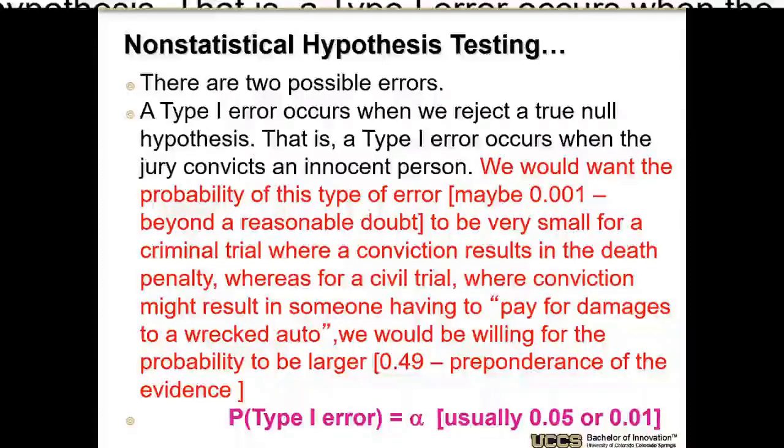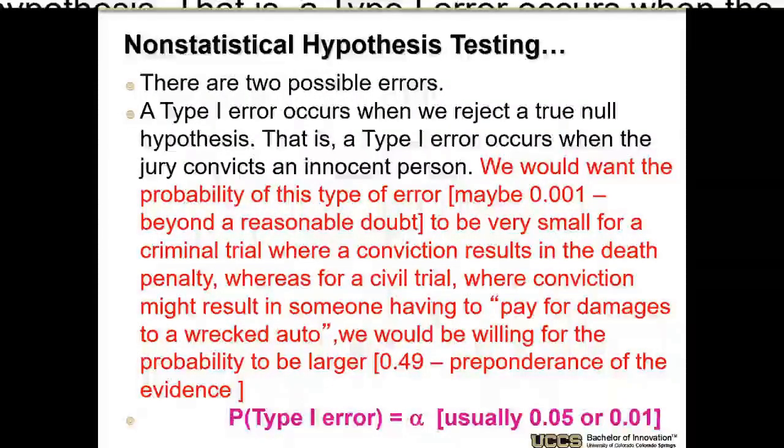The reason we do that is because a civil trial is really about who's paying for whatever, right? And the errors are not as serious. In a criminal trial, somebody might get the death penalty or go to prison for a long period of time. We want to make very sure we don't have type 1 errors, because our presumption is people are innocent until we show they're guilty. In criminal cases, we want that to be a very high standard.